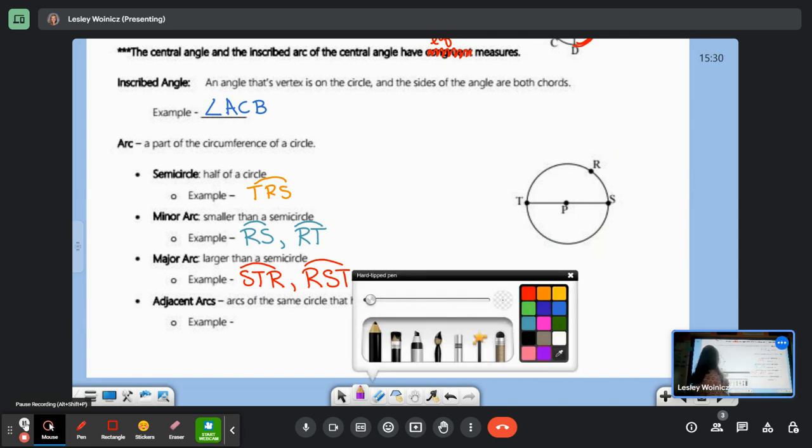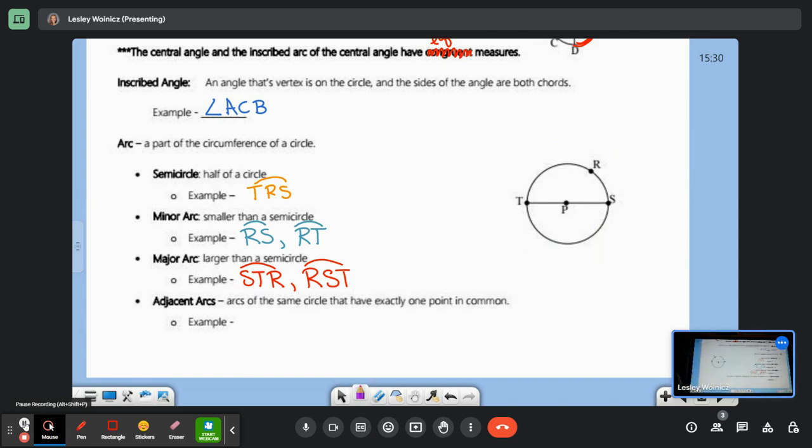Do you guys remember what adjacent angles are? Like neighbors to each other. Adjacent angles share a common side and a common endpoint, right? So they're very neighborly.